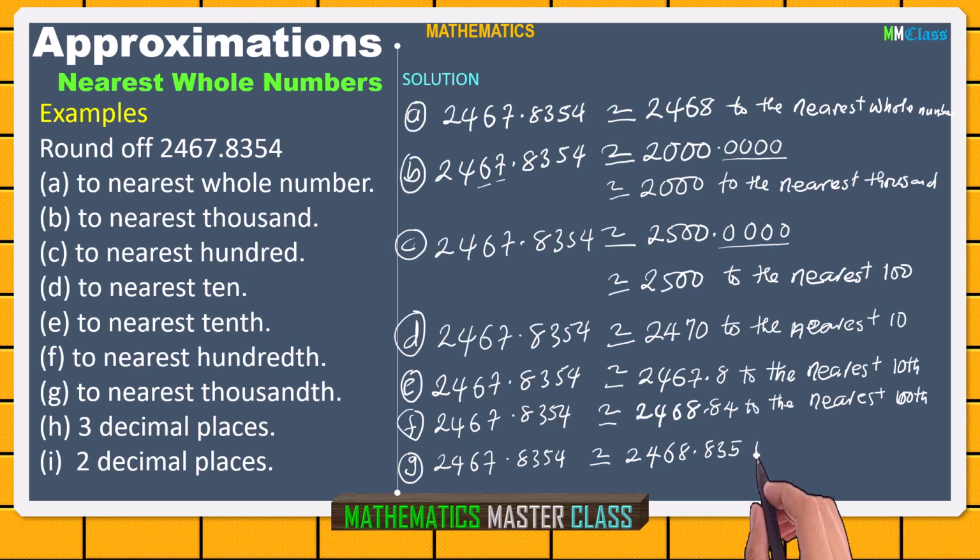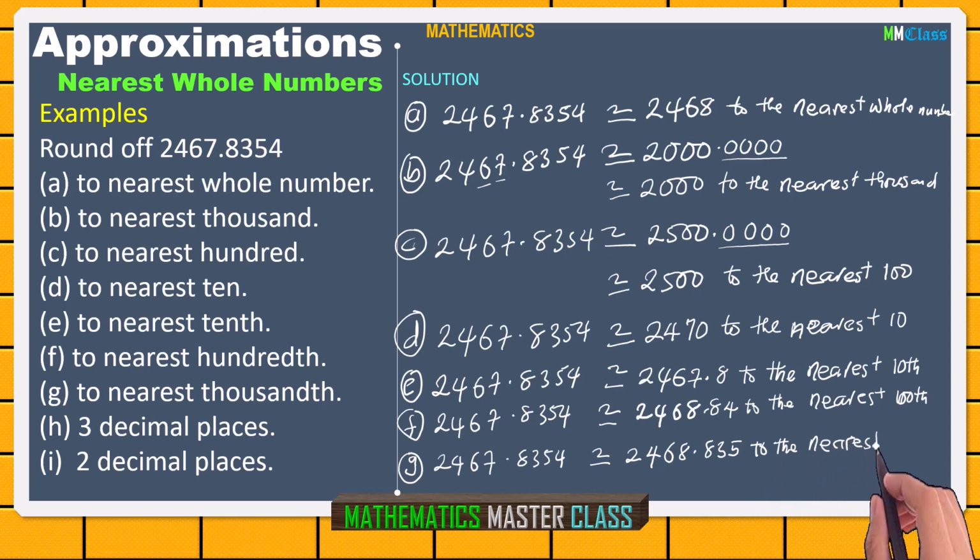So this is the answer to the nearest thousand. Now that is what we have. Like I said, 3 decimal places and to the nearest thousand are the same.